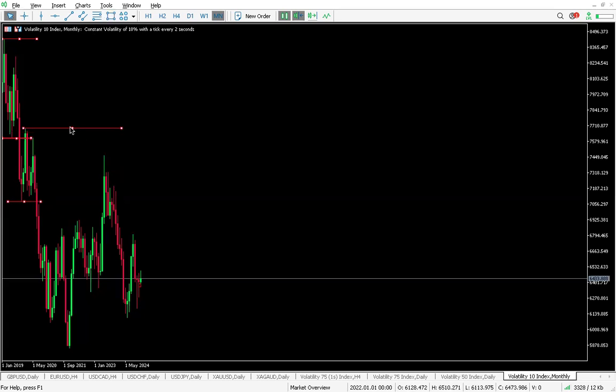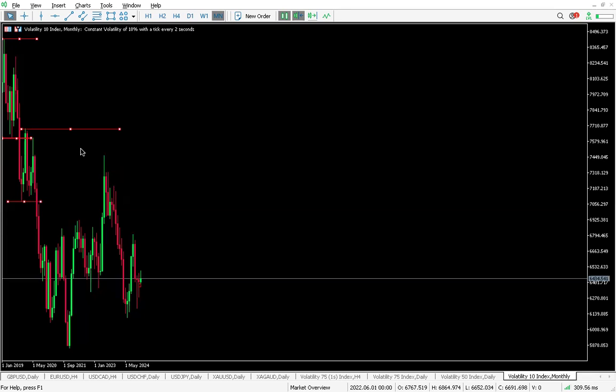Now, let me explain this concept so that you understand what market structure is all about. When we have a break to the upside, it means that this low is not meant to be broken, it's meant to be protected. Just like when you have a staircase going upwards, it keeps on having steps above and above. But when it's coming down, you keep on having stairs below, below, below.